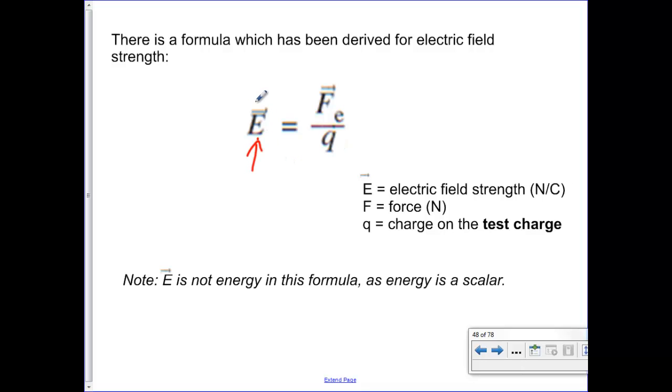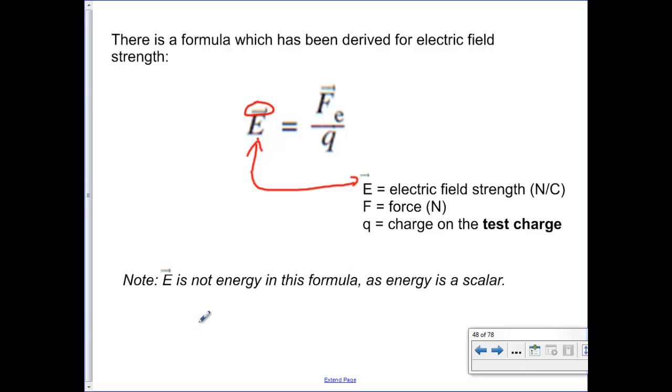This E right here, since it has the little vector symbol on top, means that this is electric field strength, not energy. So confusing. You put the little line over top, it's field strength. You take the line off, it's now energy. So stupid, hey? Why does energy not have a little line over top of it? It's not a vector. It doesn't have a direction.